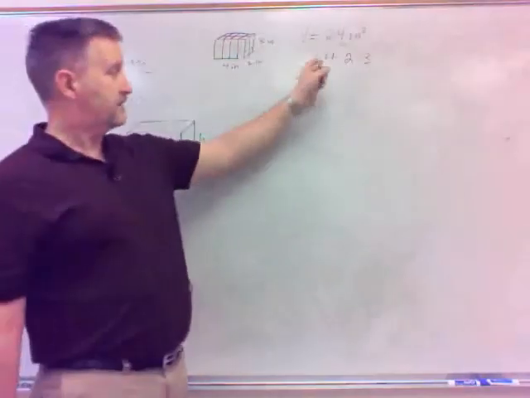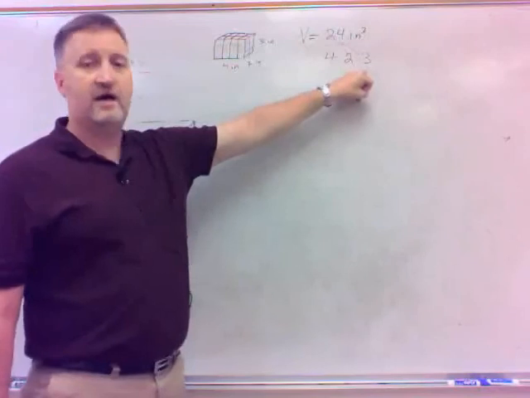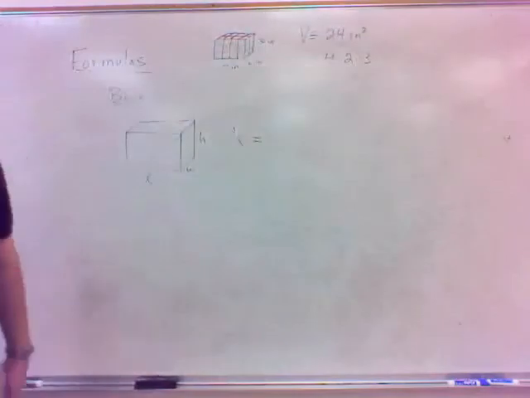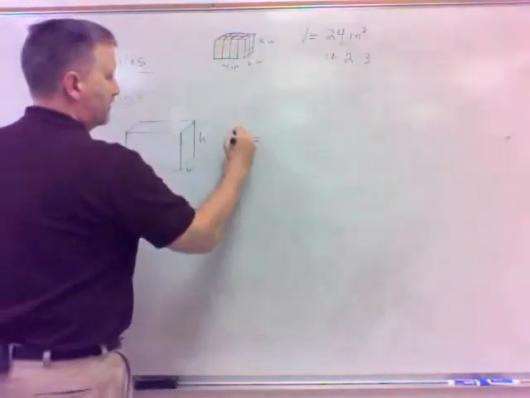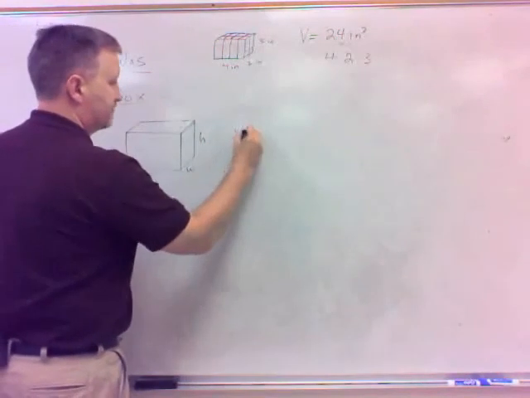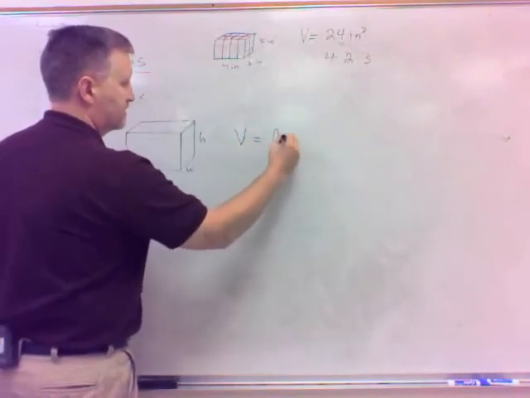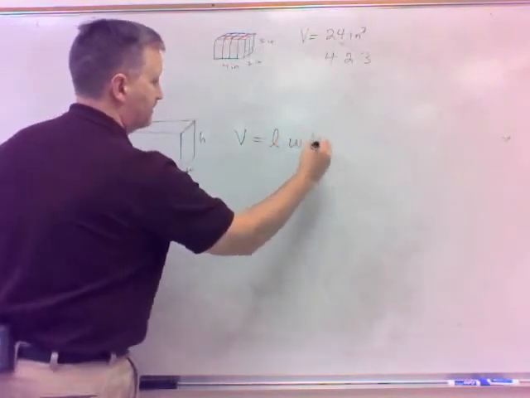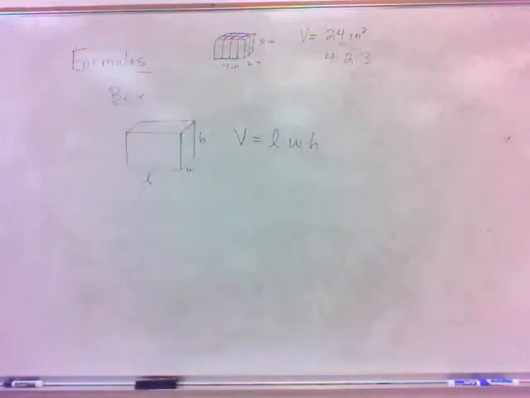If you take the length times the width times the height, this gives you the volume of your box. So it's pretty nice for volume of a box. Volume for a box is length times width times height. Okay? All right.